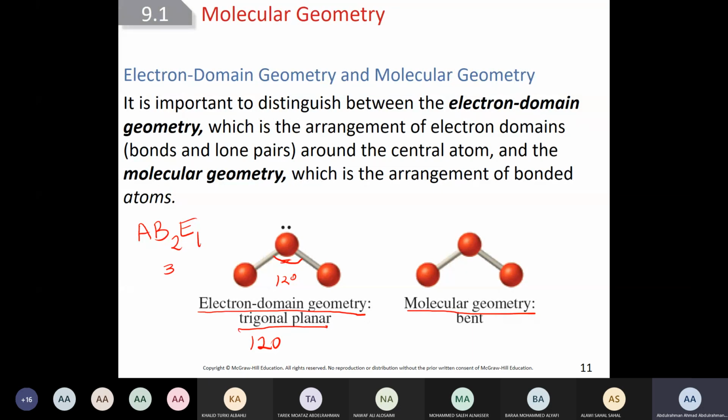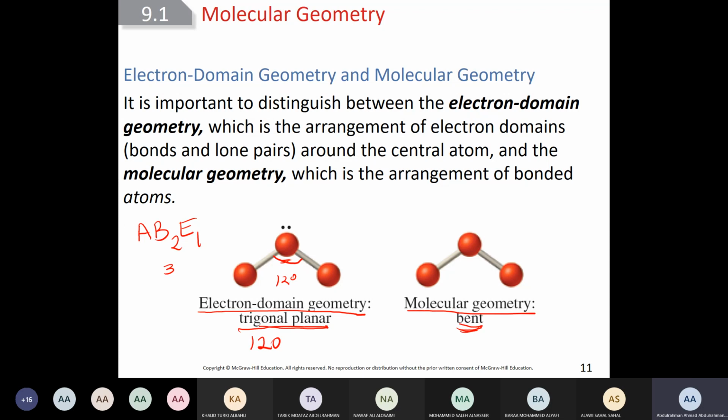So the shape of the molecule will be similar to this one, but we're going to see it like this. That's why we're going to call it bent, not triangle. So the molecular geometry will be bent, even though the electron domain geometry is trigonal planar.